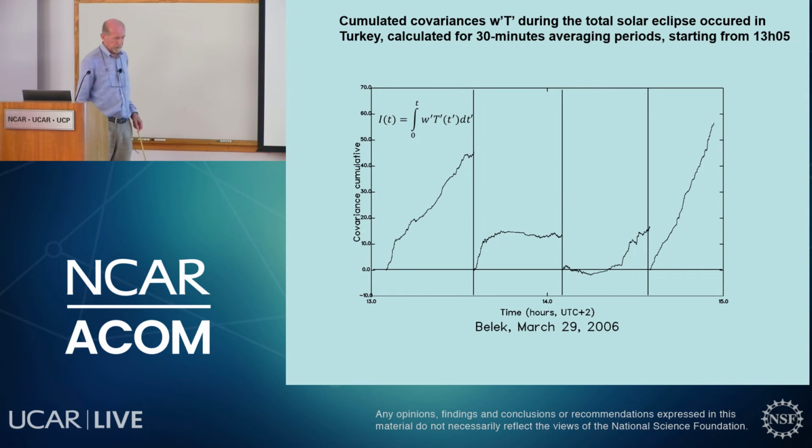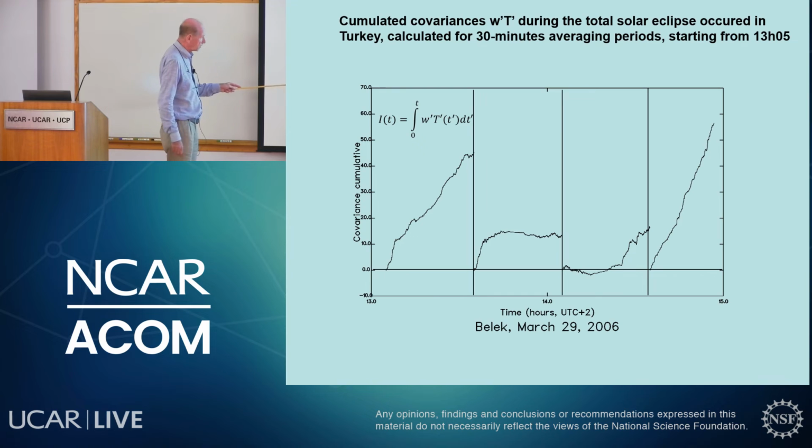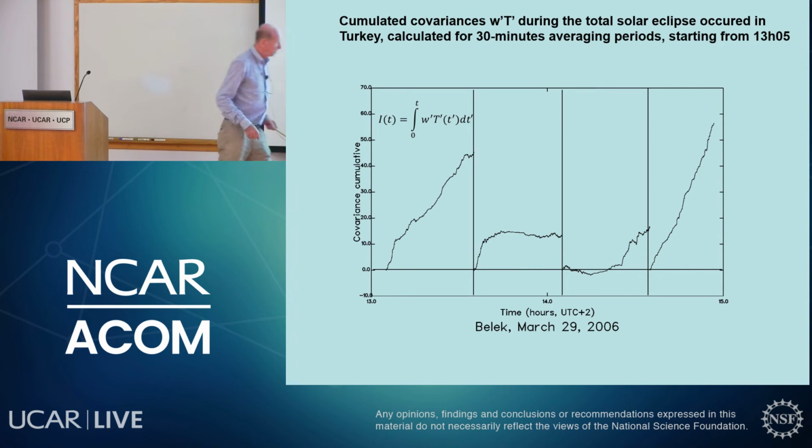And now what's interesting here, these are the curves of the integration which yields the covariance. These are half-an-hour periods. If this curve is quasi-linear, that means that the situation is quite or almost stationary, like this phase before the eclipse and this phase after the eclipse.